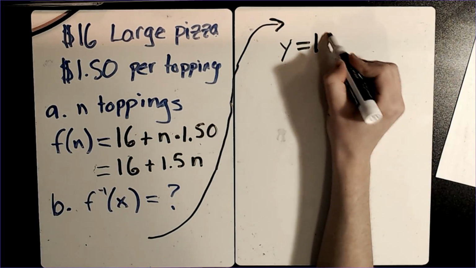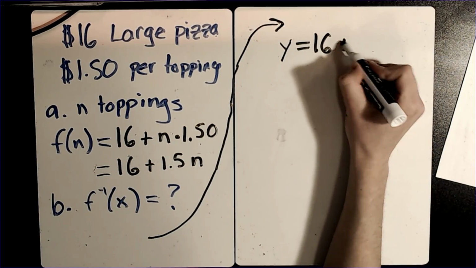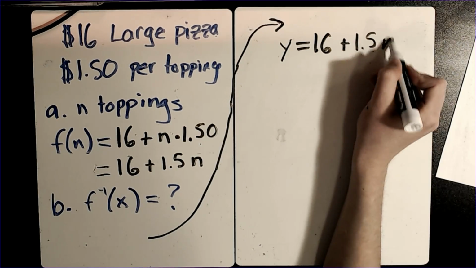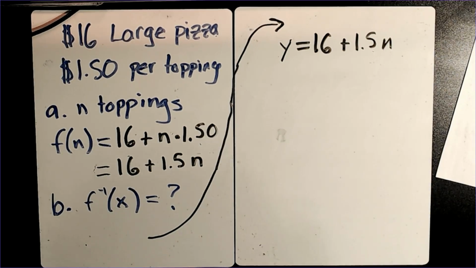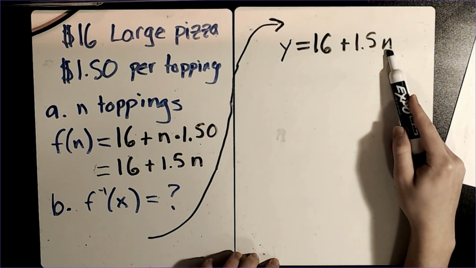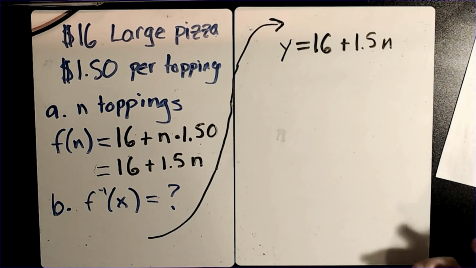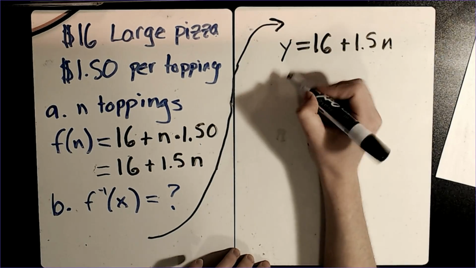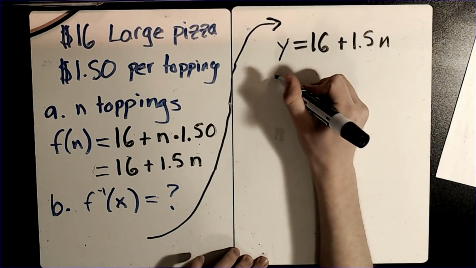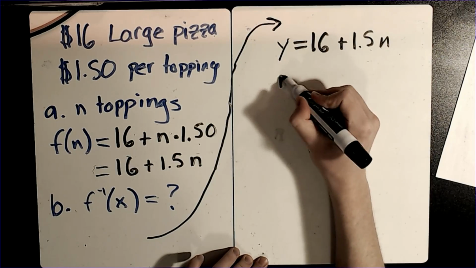It doesn't really matter what variables you use, but I'm just going to write it like that, and then remember x and y switch. This is like the x in this equation. You really could use the variable x if you want to. It doesn't matter. But I'm just going to keep it n because that's what they told us to do.